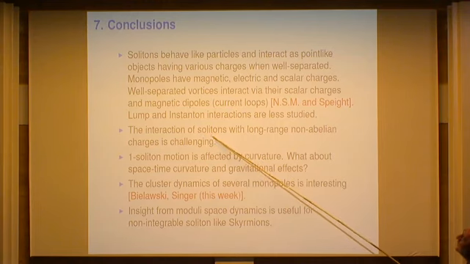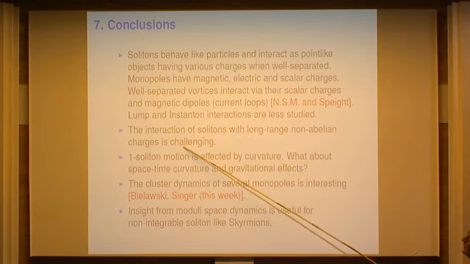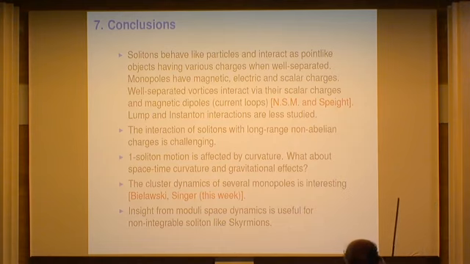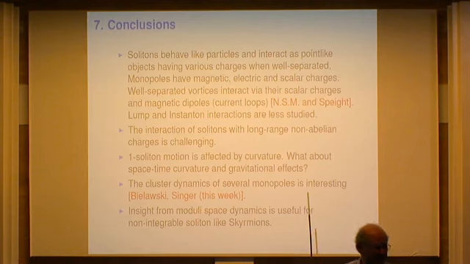The interaction of solitons with long-range non-abelian charges is challenging. So I've shown you this calculation for U1 monopoles with asymptotic U1 fields, but some monopoles have asymptotic non-abelian fields. It's very difficult to understand them physically. Erick Weinberg has worked on this. You have a non-abelian cloud.